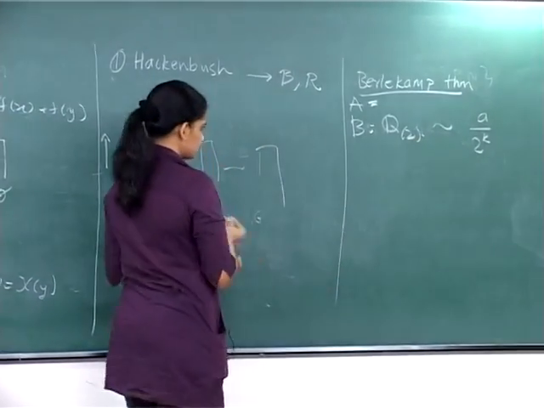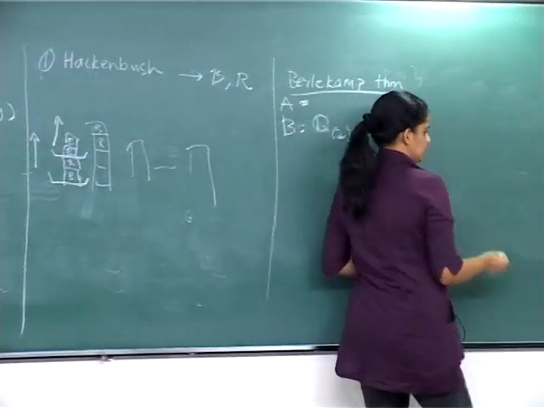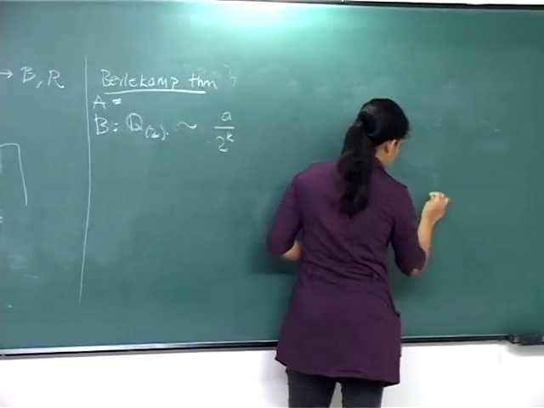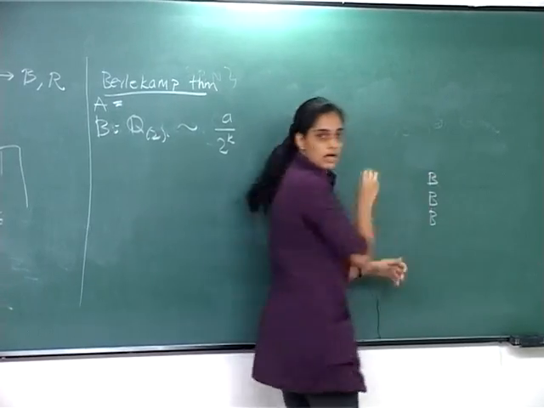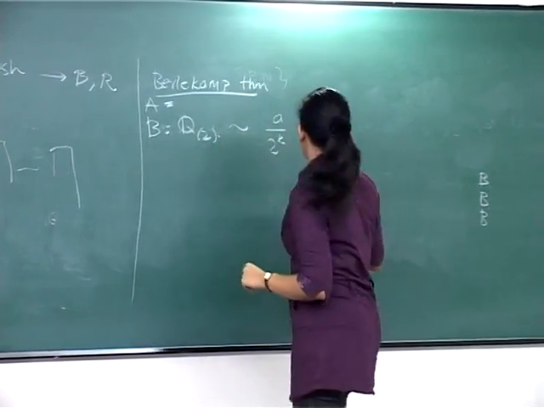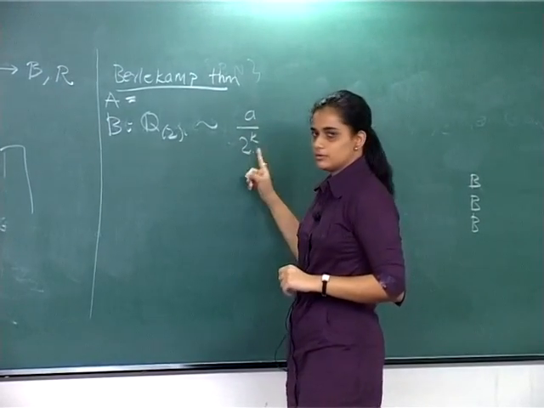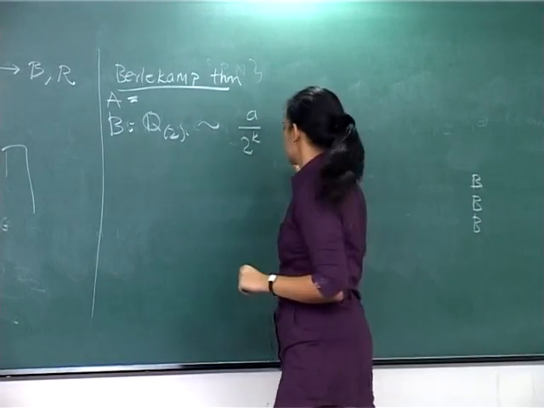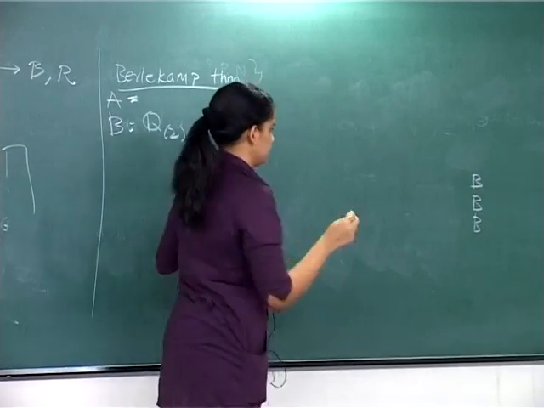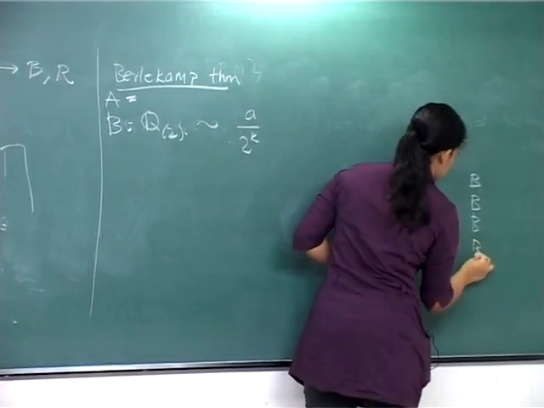So how do you do it? What is k? K is any positive integer. A upon 2 to the power k, k is any positive integer. So suppose I have a pile like this.